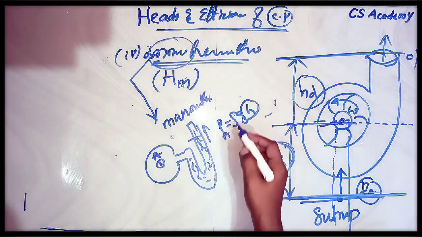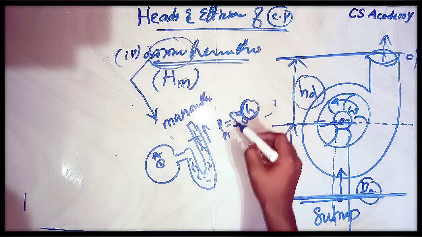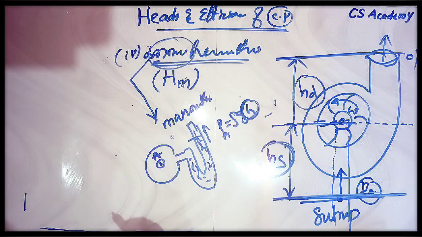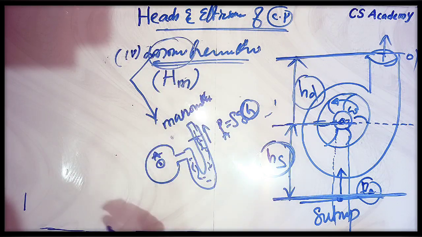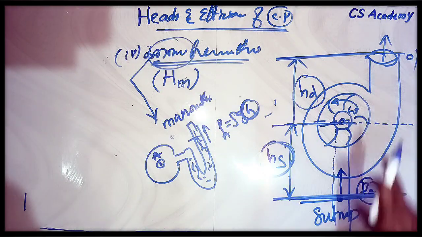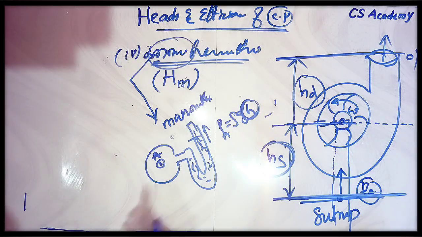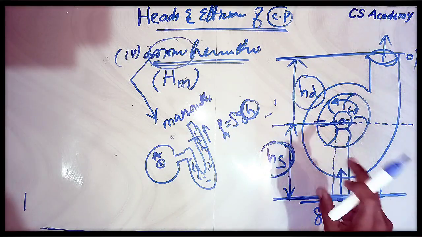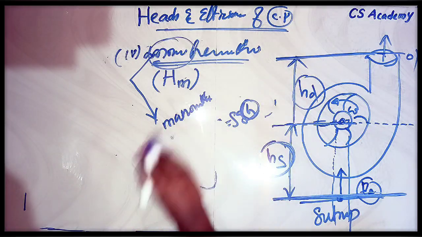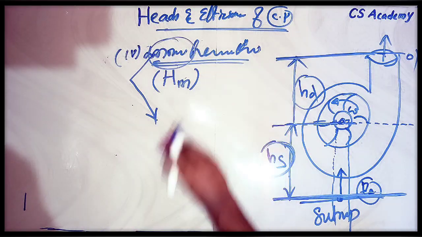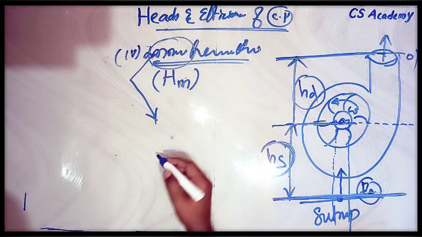Here we are calculating the pressure with the help of the head. Similarly here, with the help of the head developed by this centrifugal pump, we will calculate the pressure developed by the centrifugal pump.